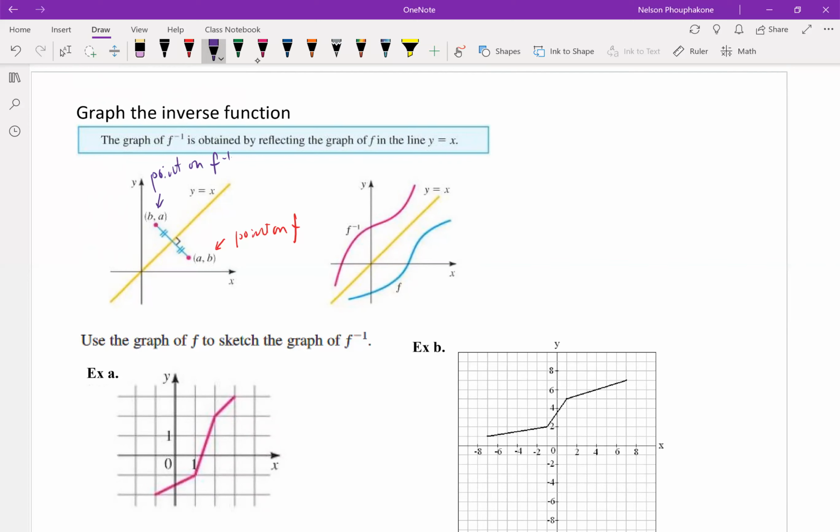So if we do it for every single point on f, then the inverse graph is symmetric with respect to the line y equal to x, this line right here.